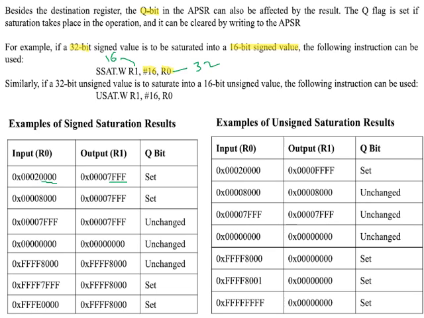This Q flag will be set if saturation takes place in the operation, and it can be cleared by writing to the APSR flag. So you have to keep this in mind, okay. It is set whenever saturation takes place, whether over saturation or under saturation. The actual limit is this, so what we are getting is 7 triple F.